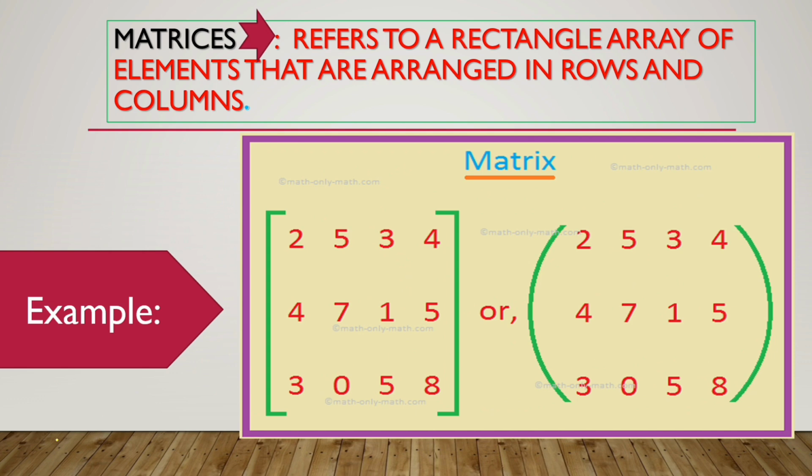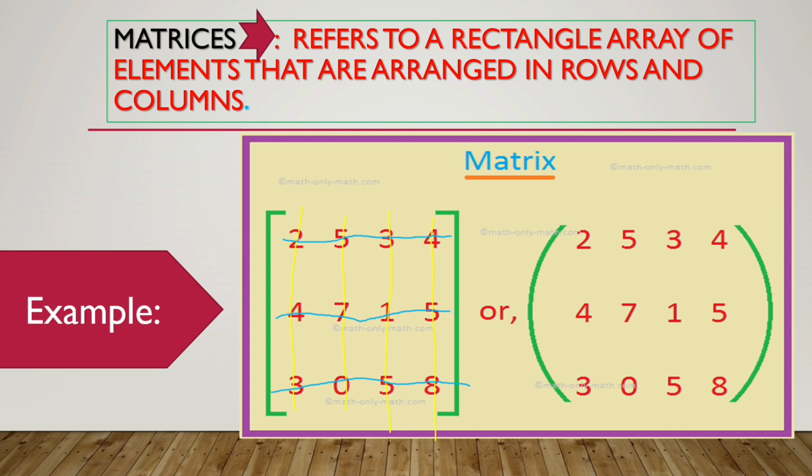So here, this is row 1, row 2, row 3, and row 4. Column is column 1, column 2, column 3.